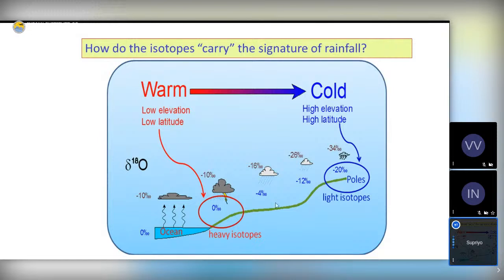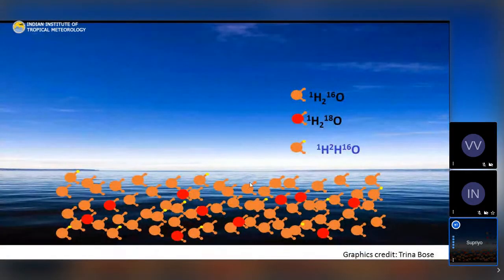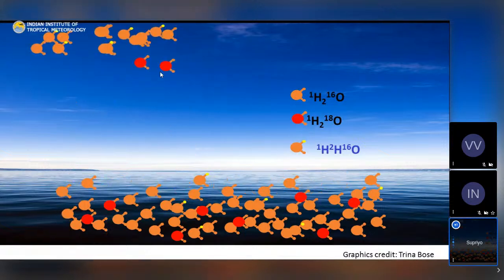And I would like to show how it is applied in different proxy analyses. This cartoon shows how the isotopes go into... this orange molecule represents the lighter isotopes, the lighter molecule consisting of 1H, 1H and 16O, whereas this represents heavier isotopes.